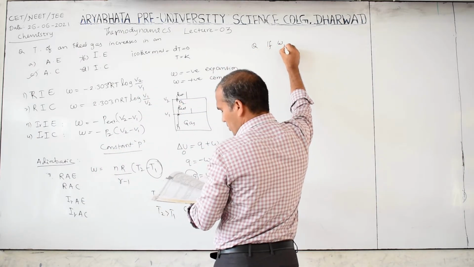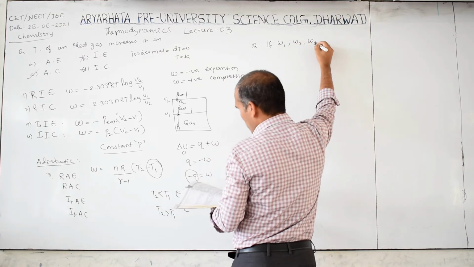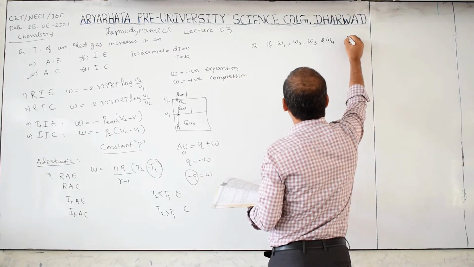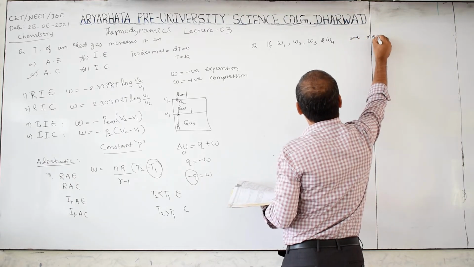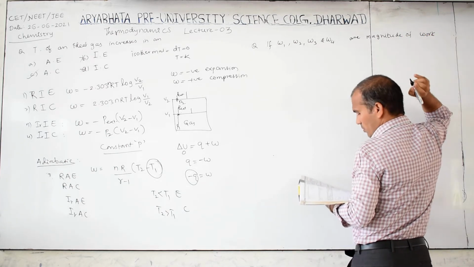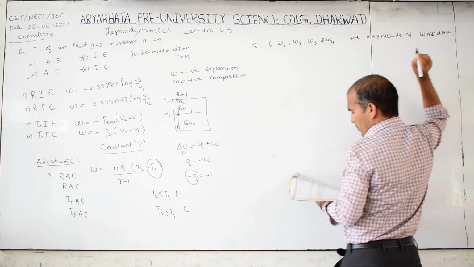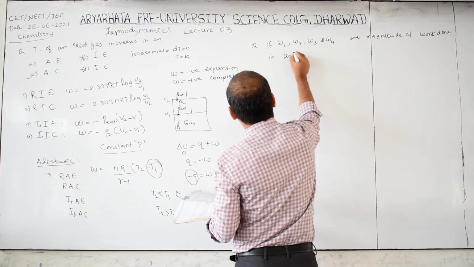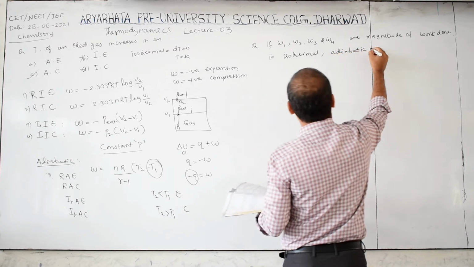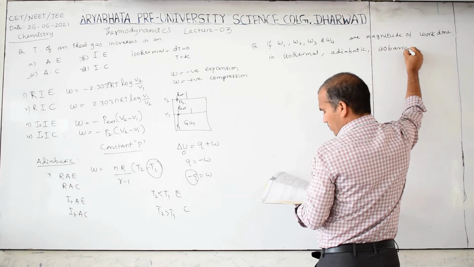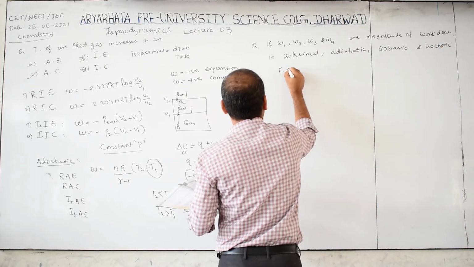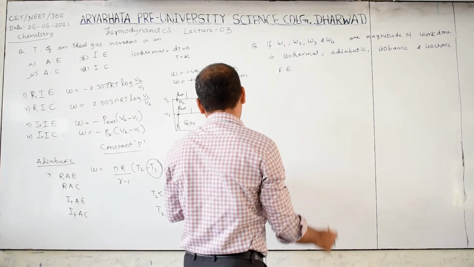W1, W2, W3 and W4, for an ideal gas, the magnitude of work done in isothermal, adiabatic, isobaric and isochoric reversible expansion processes.